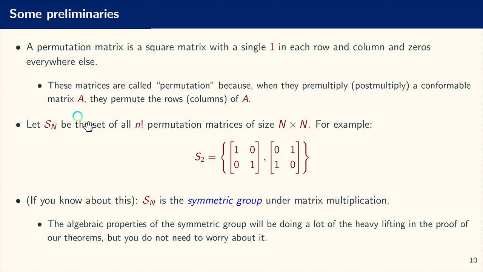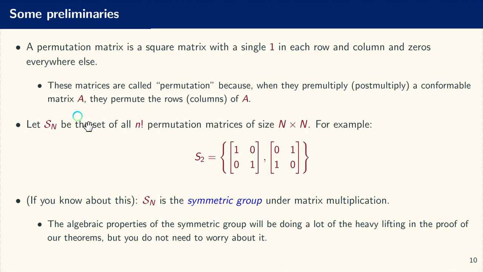I need to introduce a couple of mathematical concepts, not very deep, but they will be useful in a second. In particular, let me tell you about a permutation matrix, which is nothing more than a square matrix that has a single one in each row and column and zeros everywhere else. These matrices are called permutation because when they pre-multiply a conformable matrix A, they permute the rows.